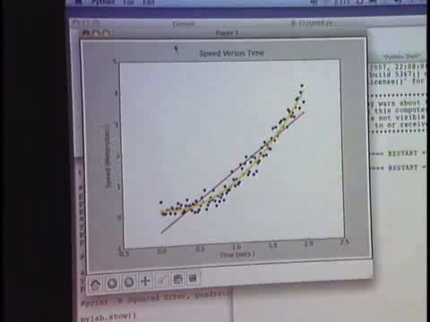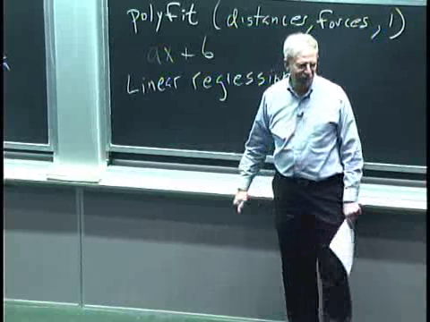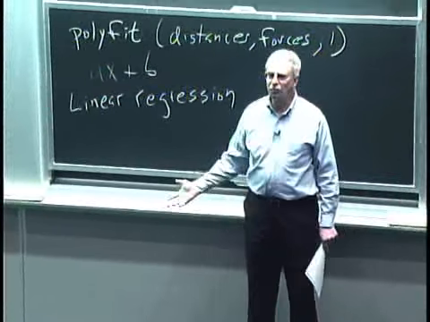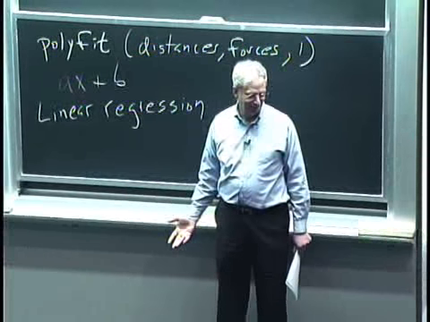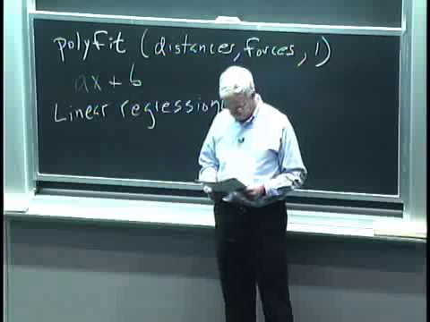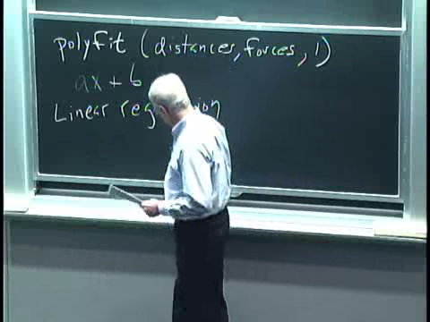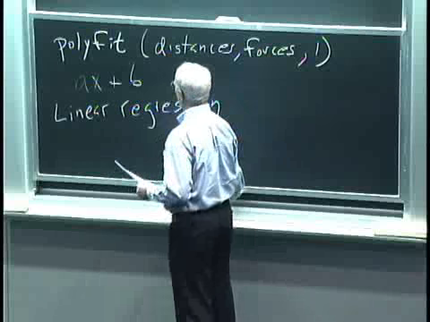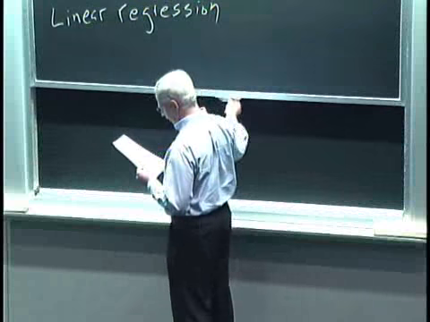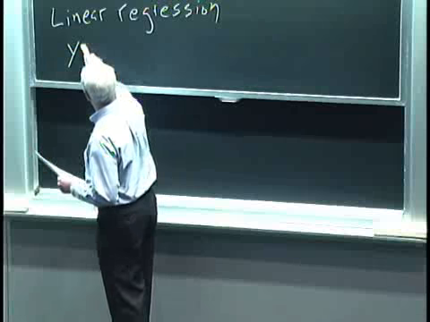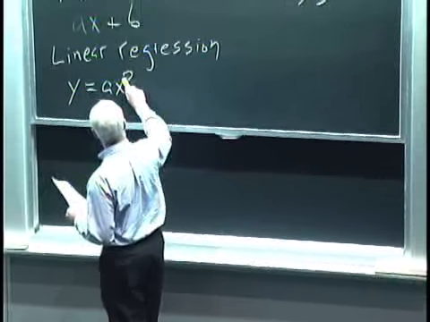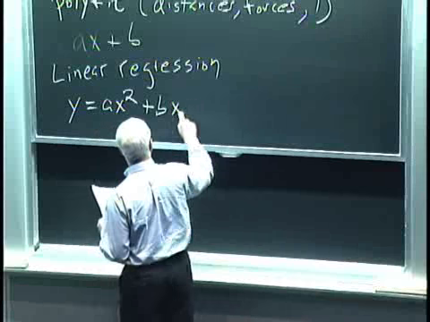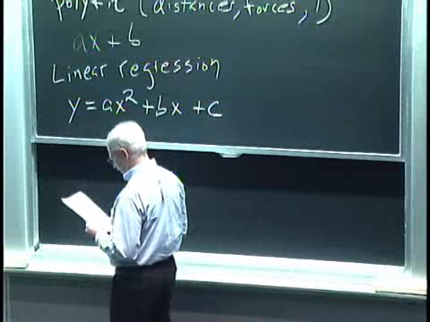Don't worry about the details. The point I want to make is people sometimes see the word linear regression and think it can only be used to find lines. It's not so. So when, for example, we did the quadratic, what we had is y equals ax squared plus bx plus c.